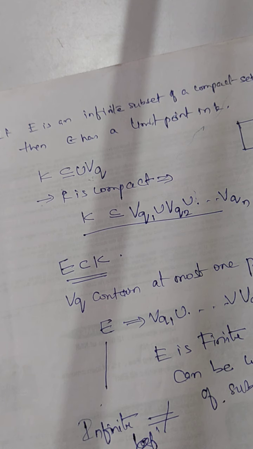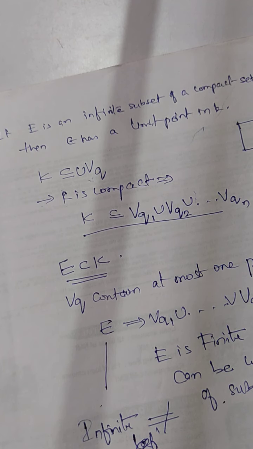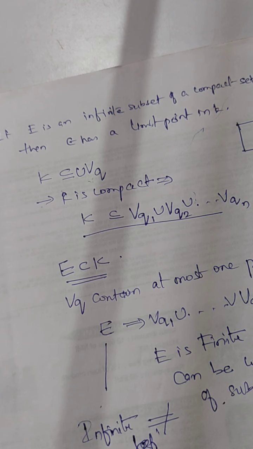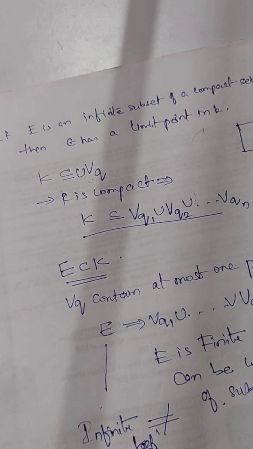Then we have some more concepts left out, that is k-cells, and we deal with the relation between k-cells and compact sets, and this will be the end of the concept of compact sets.